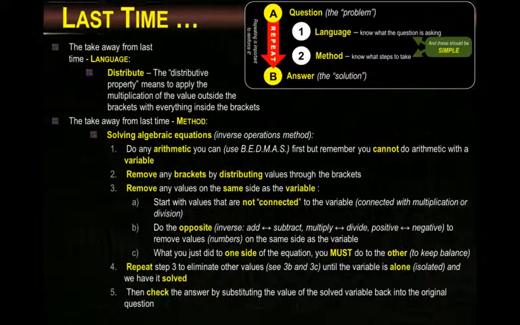But that might be too confusing to you. So then we had that idea of just thinking that, you know, you remove the brackets, and then you do the opposite, and then you keep balance, and then you find it isolated. Remember BOBI, another way to think of it. Okay? Then there was BOBIC, where we had the first step, the arithmetic, and the final step to check it. All of those might be useful to you if you practice them.